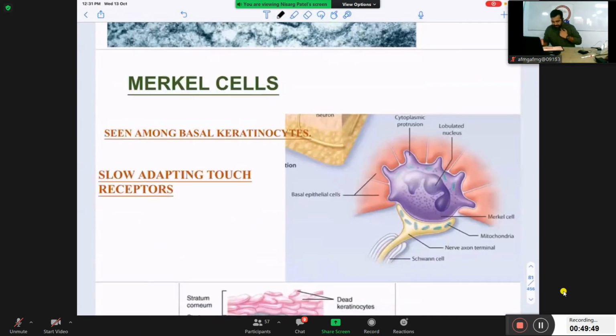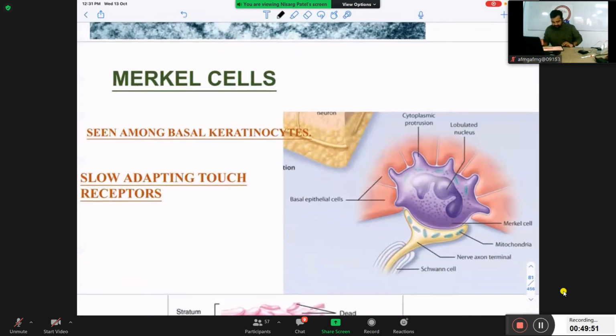Next are the Merkel cells. Merkel cells are also found among the basal keratinocytes. So the location is the basal cells, seen among the basal cells. And these are acting as slow adapting touch receptors.